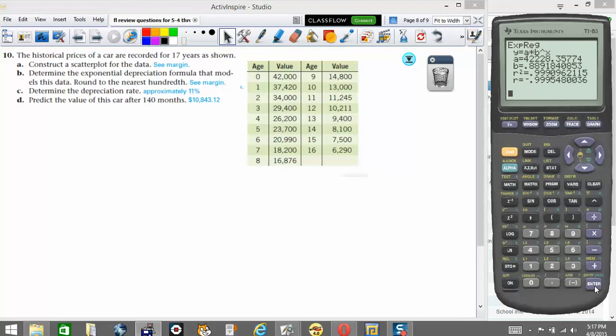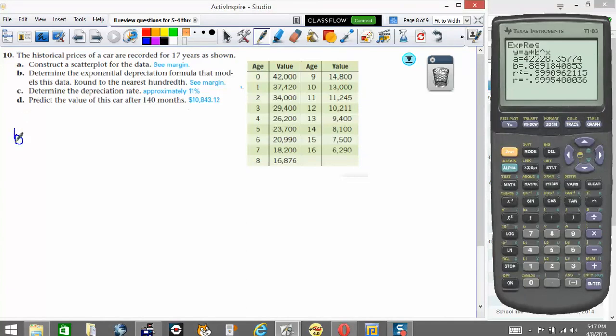All right, so we now have an exponential regression in the form of a times b to the x, with a being $42,228.36. So if I were to write this out, this is b right here.